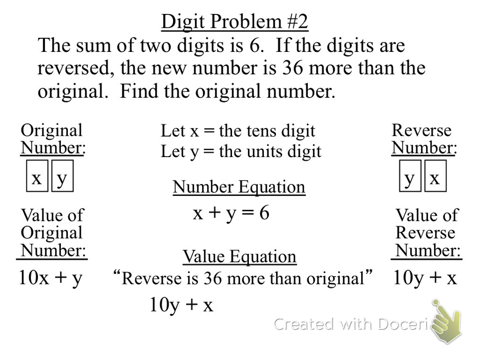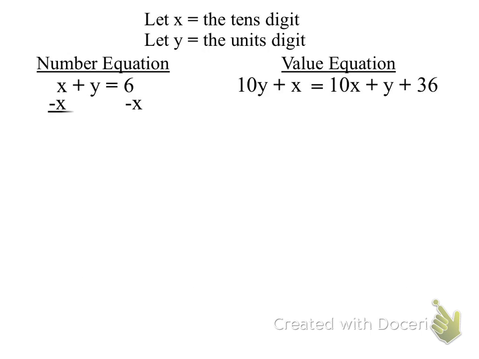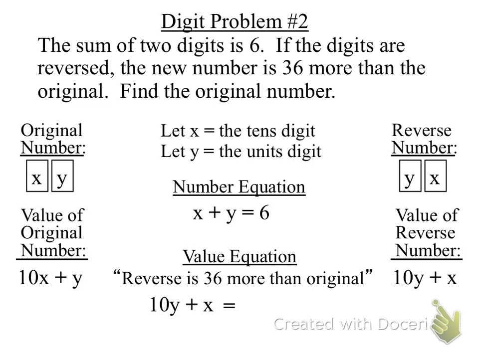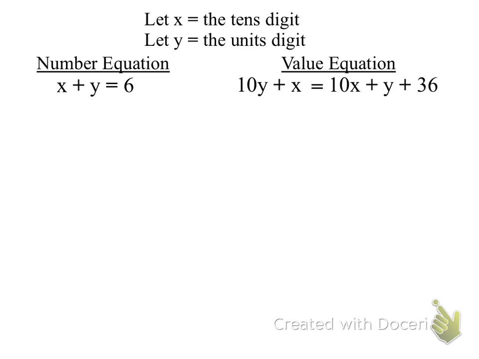And now we have to use a system to solve it. What would I need to do to solve it? Subtract x from both sides. And we get y equals 6 minus x. And this time we're going to substitute for y.